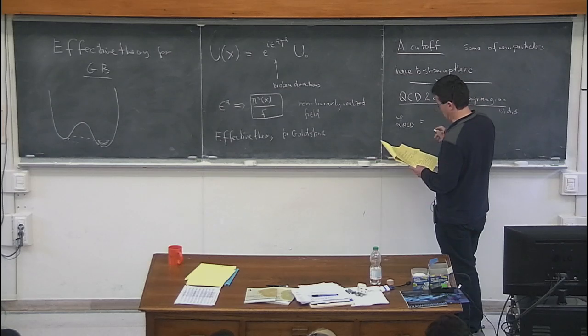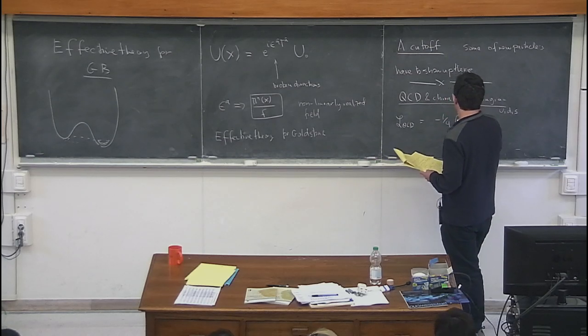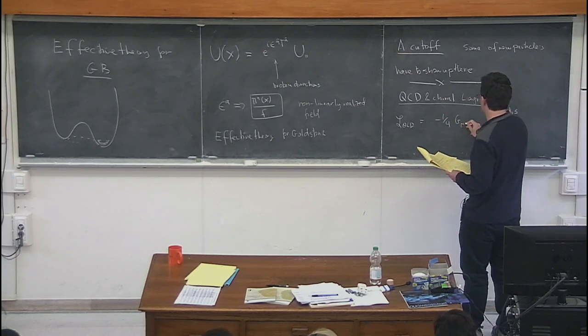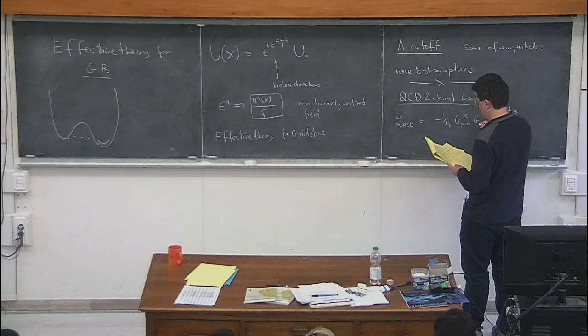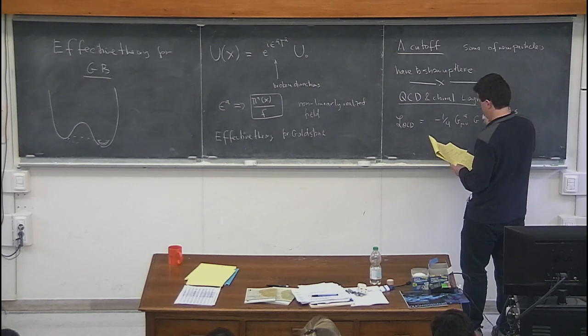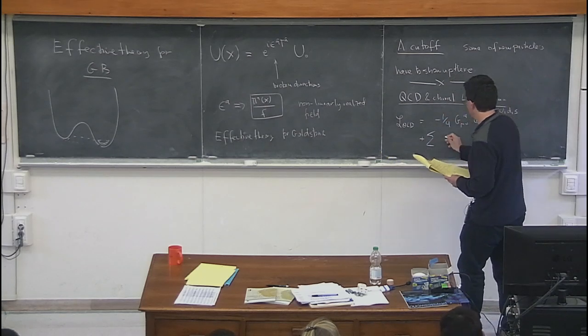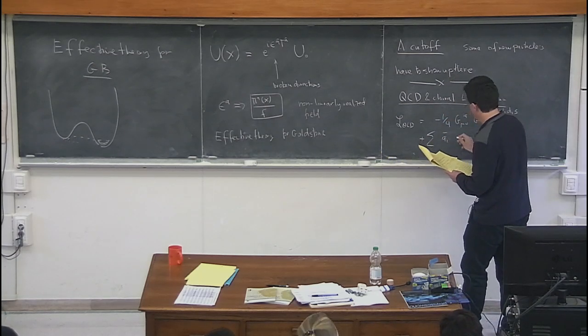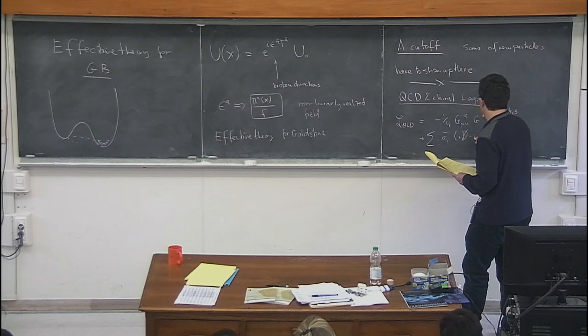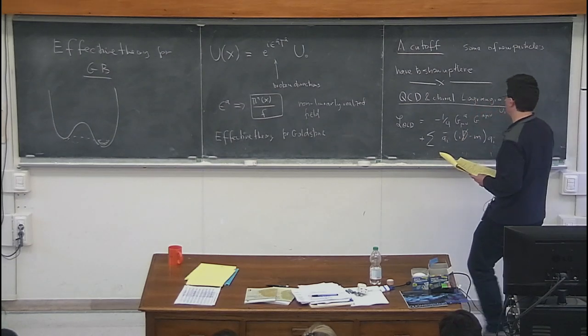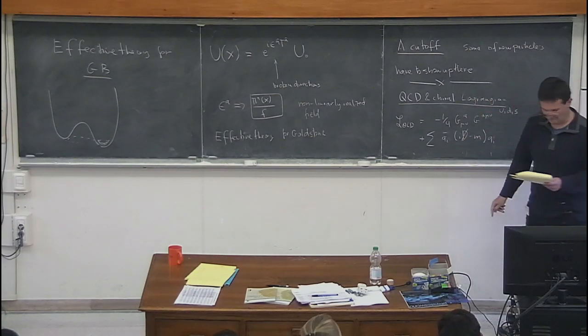So you have your gluon Lagrangian, G_{μν}^a G^{μν a}. And then you have your quark Lagrangian, Q̄_i (iD̸ − M) Q_i, and then i here is the flavor index.